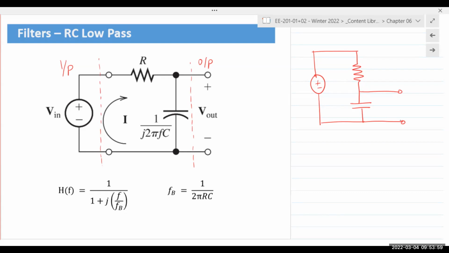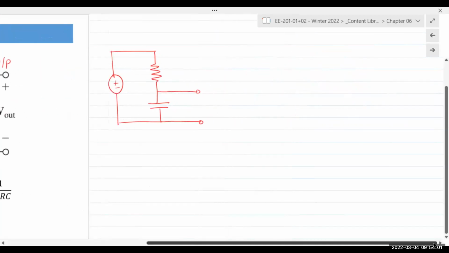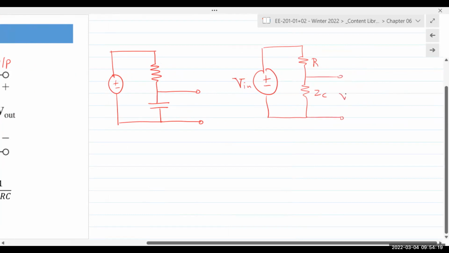And that's it. As straightforward as that. So the derivation is basically one step: R and ZC, and you have phasor V in. You simply find V out by applying voltage division. So V out would be V in times ZC divided by R plus ZC.